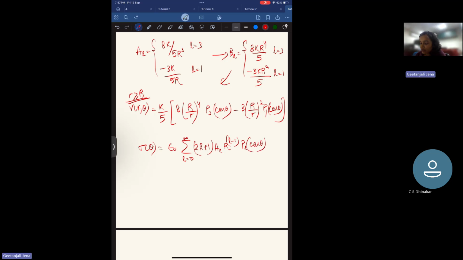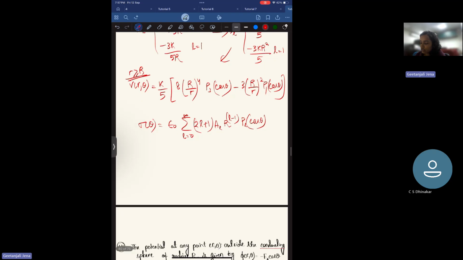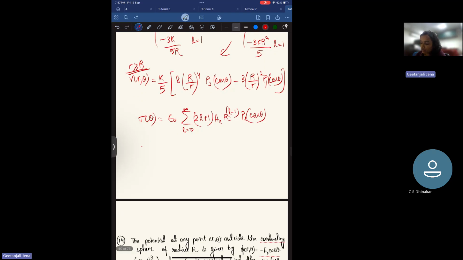We know the non-zero values of L, so this would be epsilon naught times A1 P1 plus 7 A3 R^2 P3. So I put L equal to 1 here, and for the other case, I put L equal to 3.